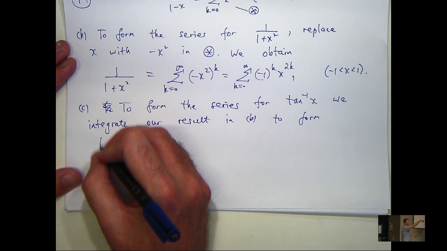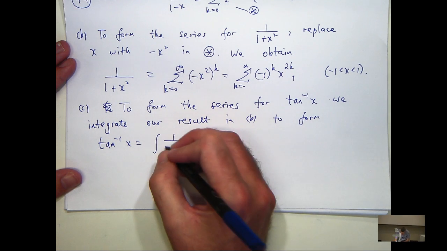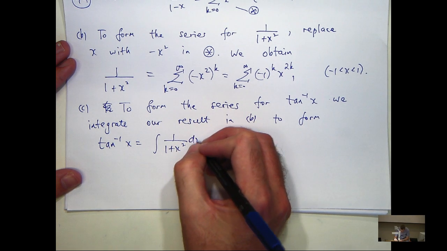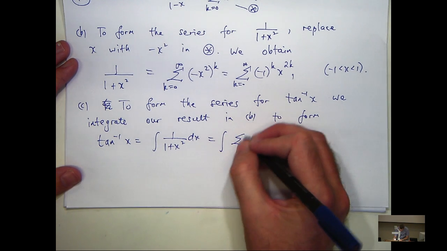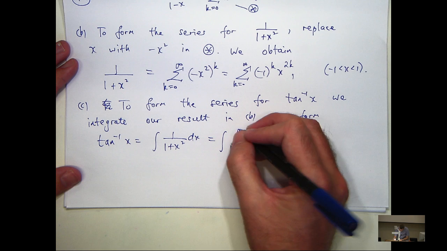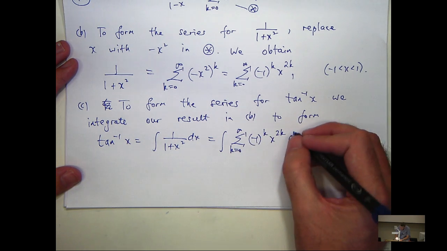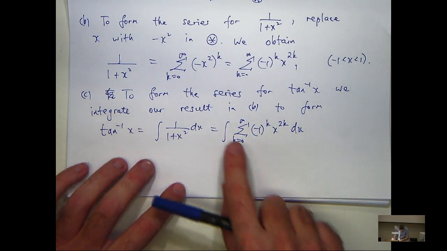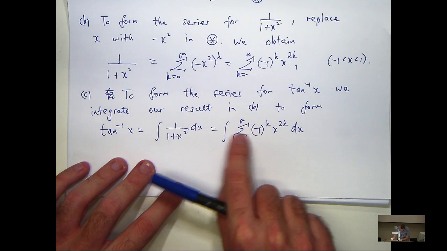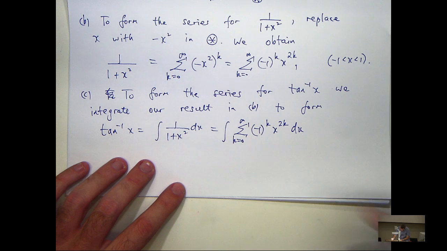Okay, so tan inverse x is just this integral here. Now, because we have the convergence, and this is a huge, huge step, it means I can switch the summation and the integration, okay?